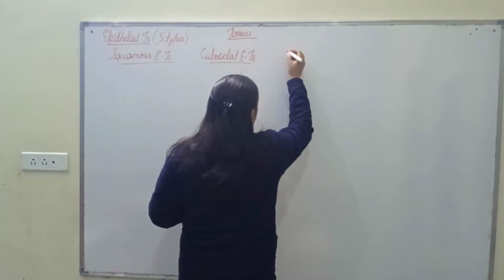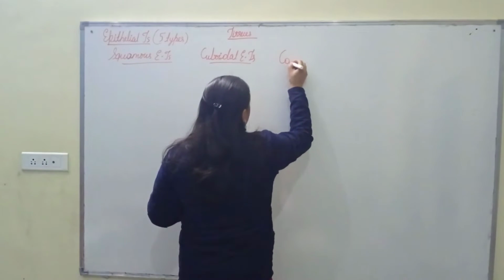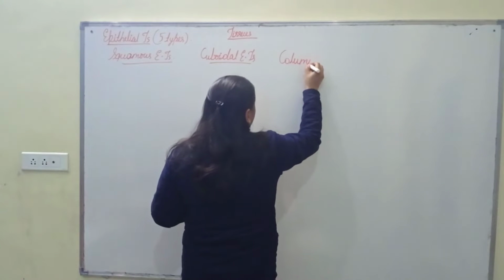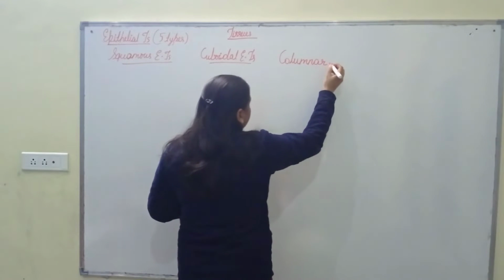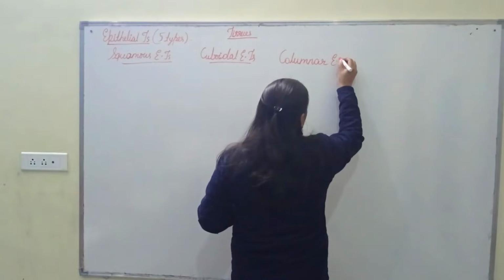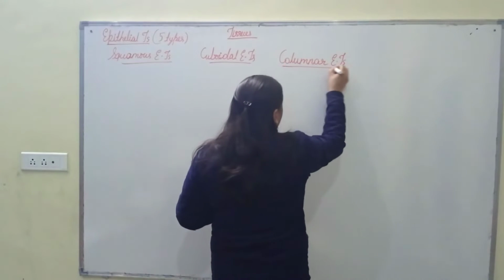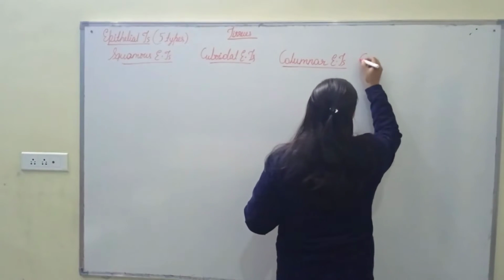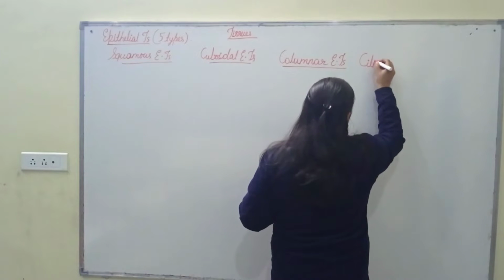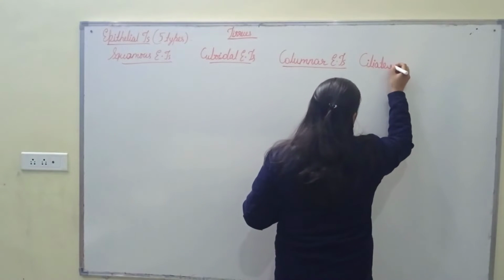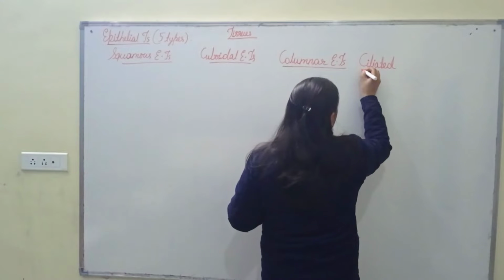Third is columnar epithelial tissue. Fourth is ciliated epithelium tissue.